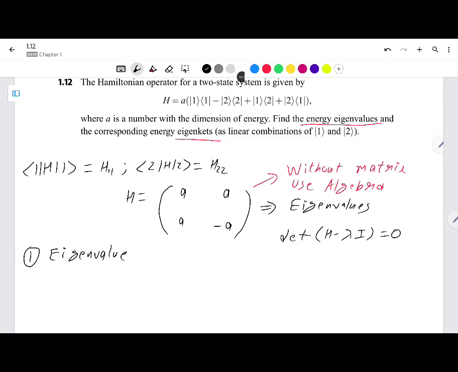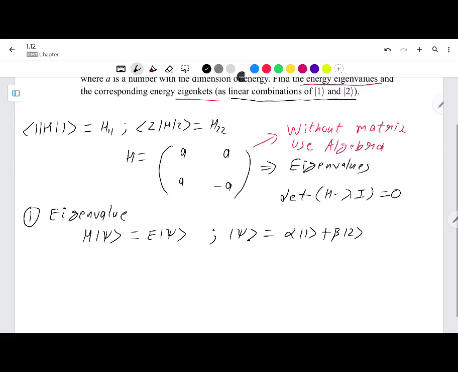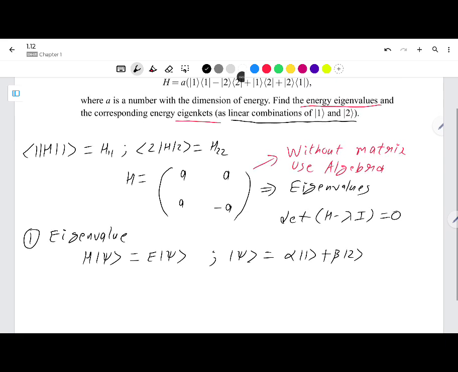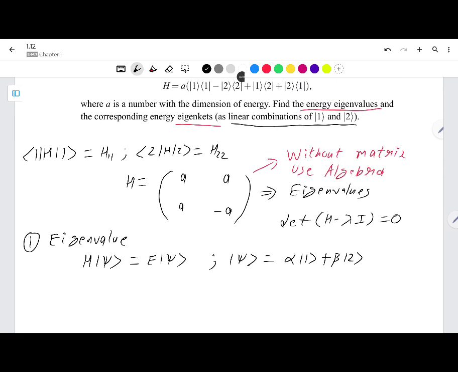So how do we do that? Let's say the required state is some psi, and since this is an eigenvalue problem, let's say the eigenvalue is some E, and they have also asked that this psi is a linear combination of these states, a linear combination of 1 and 2. So we just plug in the H that is given to us.